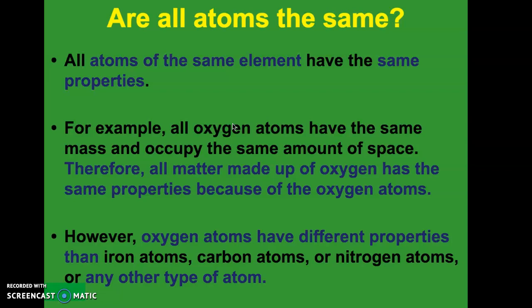However, oxygen atoms have different properties than iron atoms, carbon atoms, nitrogen atoms, or any other type of atom. So my oxygen atom is not going to act like my iron atom, and my iron atom isn't going to act like my carbon atom because they're different elements. They have different properties. For example, iron atoms react quite strongly with oxygen.